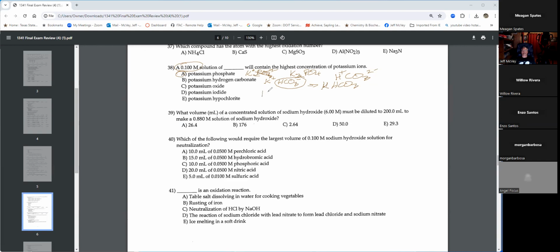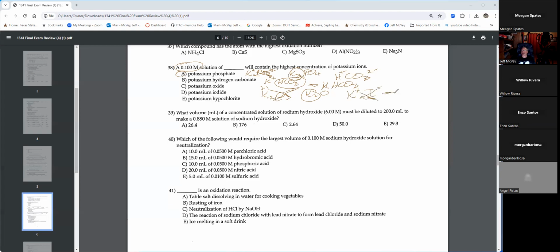Potassium oxide is K2O because oxygen has a -2 and potassium has a +1. That's why, when you cross, you have K2O. So that's 2 potassiums. Still, the 3 potassium wins. And this is just about naming. Potassium iodide: potassium is +1, iodide -1.